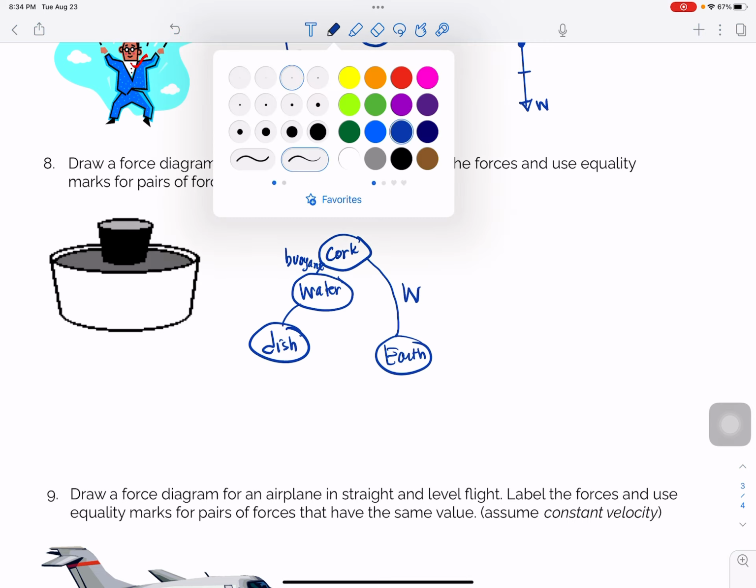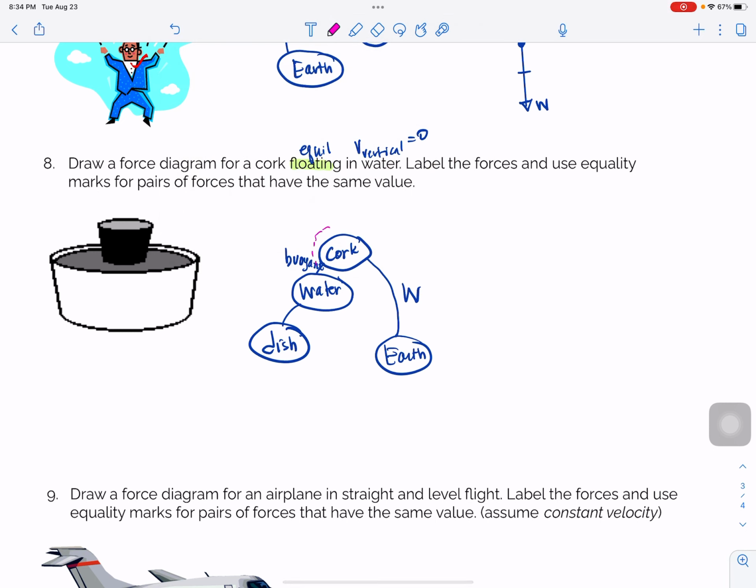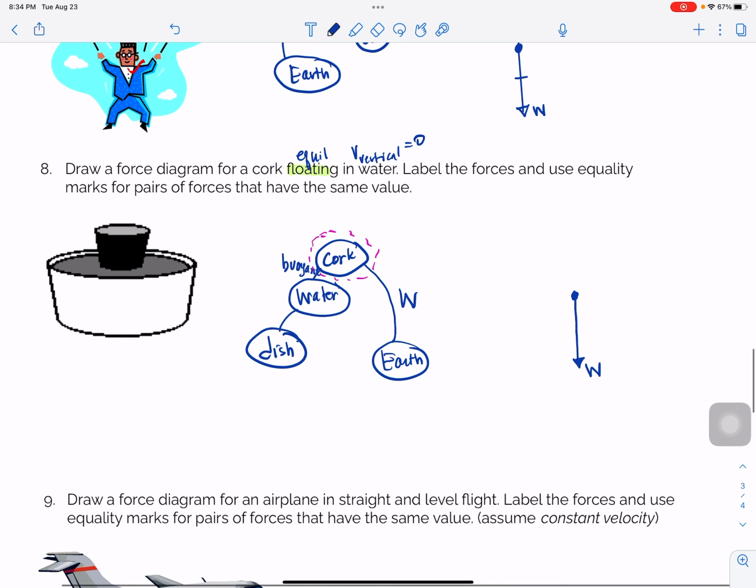We're going to put a boundary. So we're looking at the cork. And we've got the weight down. And going up, we have buoyant force. And they are the same length because the cork is not moving vertically.